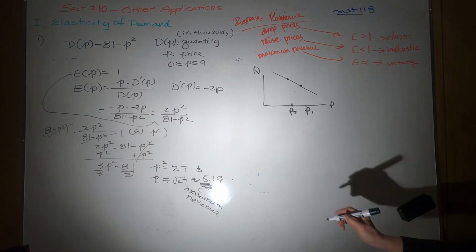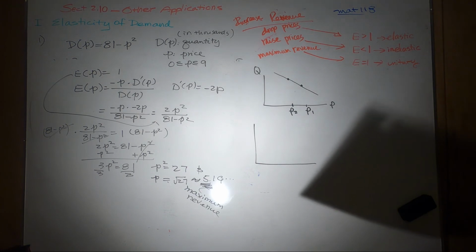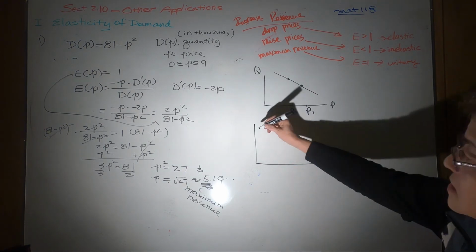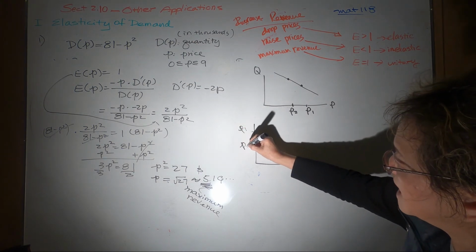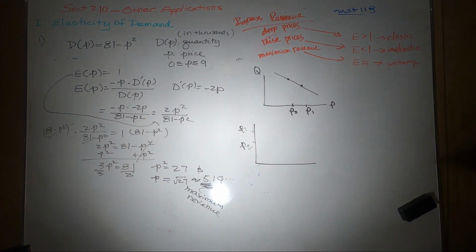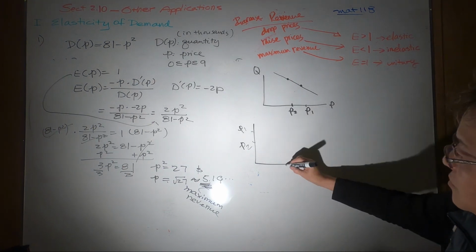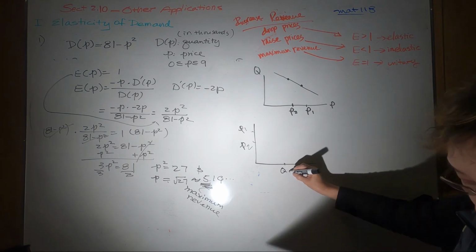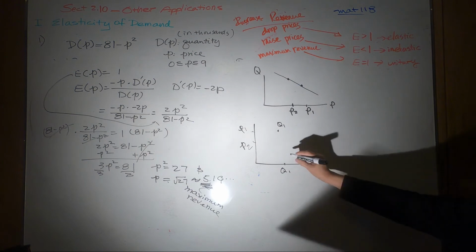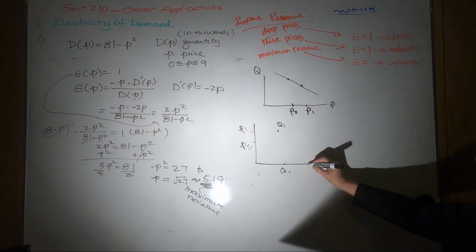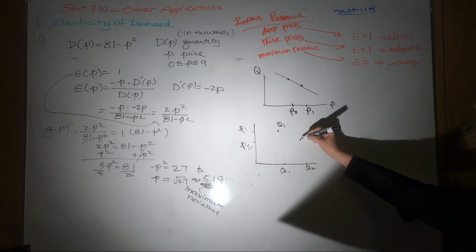And from your business class, you might have this kind of situation, okay? So if you have a high price, then you drop to a low price, right? When you have a high price, your demand will be what? Low. Say Q1 will be here. When your price is lower, your demand will be higher, then demand will be Q2.